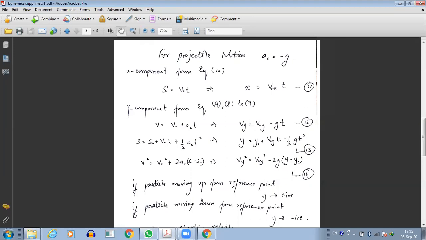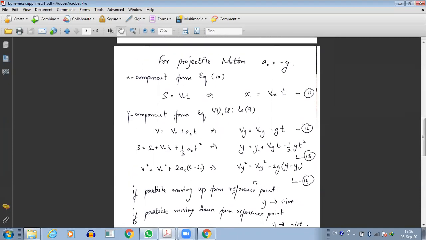So we got equations 11, 12, 13, and 14 for the projectile motion, where equation 11 is derived from equation 10, and 12, 13, and 14 are derived from equations 7, 8, and 9. Do you understand these four equations or not? Is anybody among the students who does not understand any one of the equations?